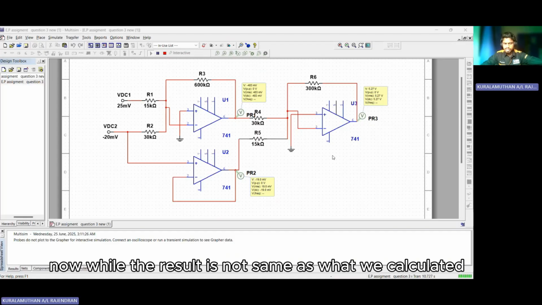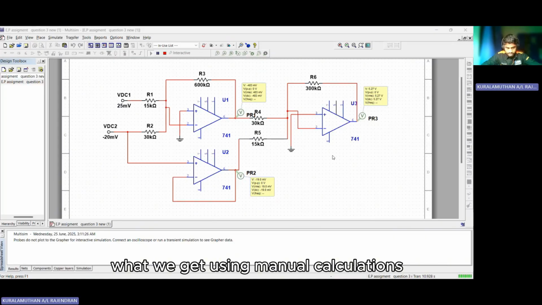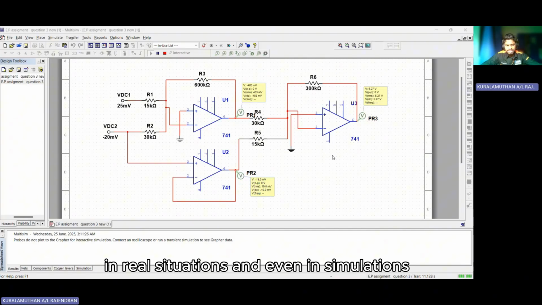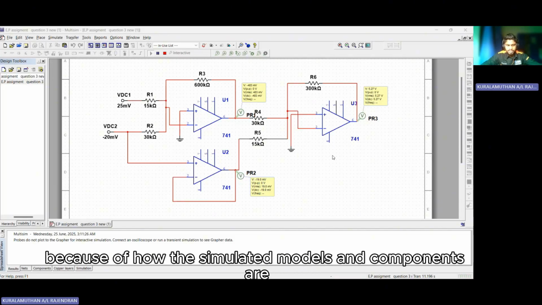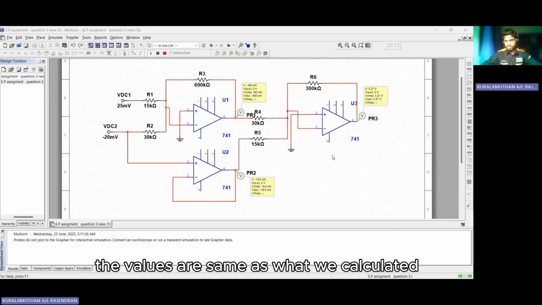While the result is not the same as what we calculated, even though it does not exactly match the manual calculations, it is close enough to make sense and show that the circuit is working as expected. In real situations and even in simulations, small differences like this can happen because of the simulated models and components, and small variations in the values. But approximately the values are the same as what we calculated.